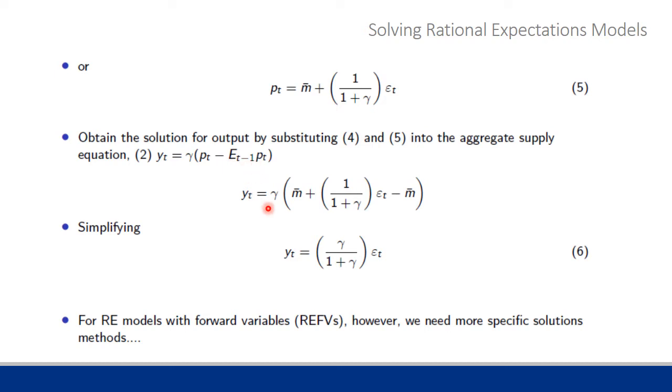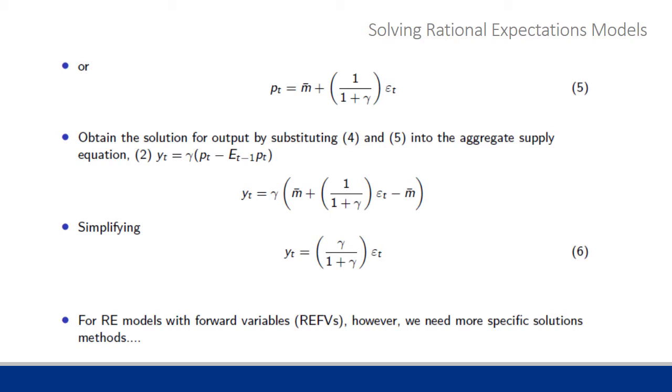The YT is equal to gamma times PT, which is now replaced with this right hand side, minus M bar. And these two M bars cancel out, so we can simplify the equilibrium YT as equal to gamma over 1 plus gamma times the monetary shock.